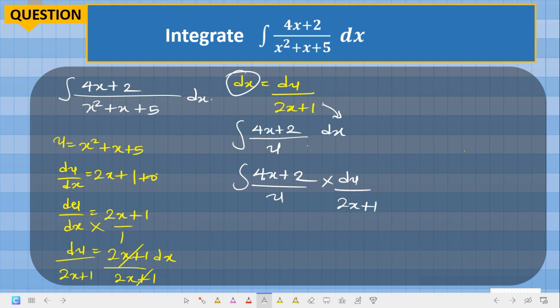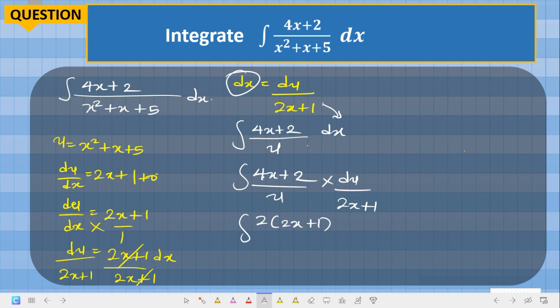Okay, now 4s plus 2 can also be written as 2 bracket 2s plus 1. Reason being that 2 times 2s is 4s, and 2 times 1 is 2. So when you factorize, what is common here and here is 2, so you bring it out.